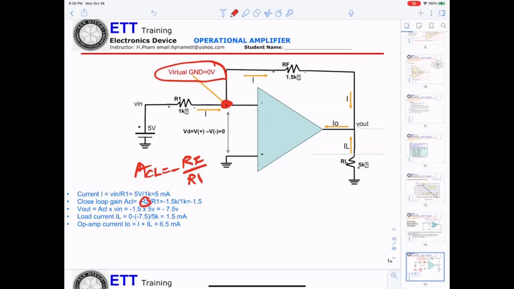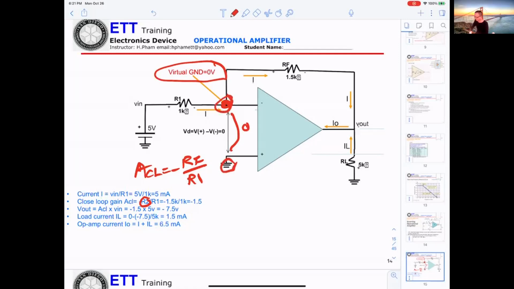Hey, Mr. Pham, if I could just ask, the virtual ground is where that arrow is pointing from the ground up towards the red dot, correct? Yeah, that means they're the same. The thing is, they say the difference in voltage here is 0, right? Right, okay. So the ground here means the same ground here.